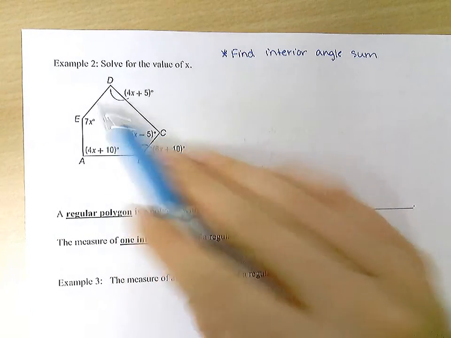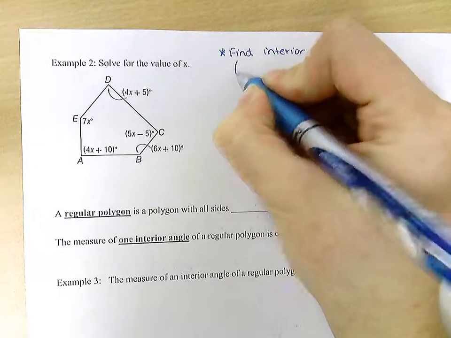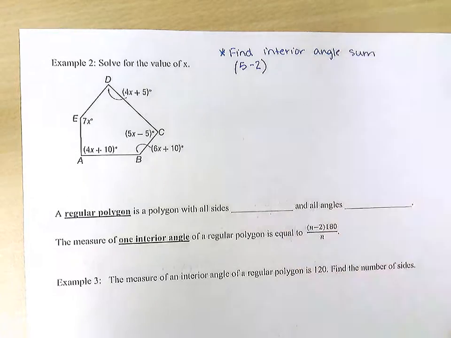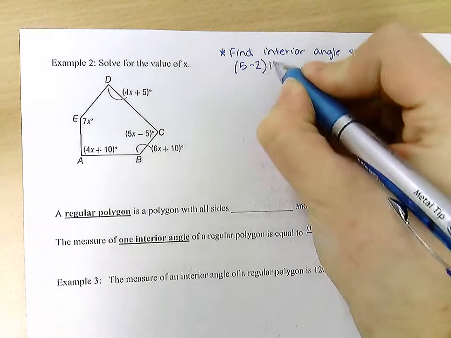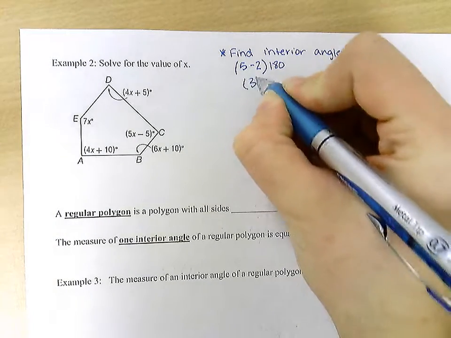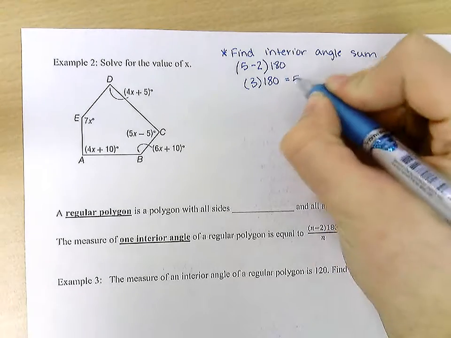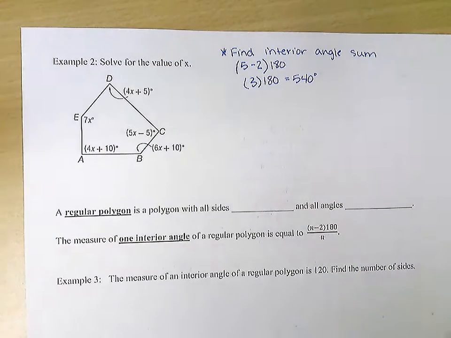So I need to know how many sides there are. So I have 1, 2, 3, 4, 5 sides. Okay, so I'm going to plug in 5 for n in the formula we just did. So I have 5 minus 2 times 180. So we have 3 times 180, which is 540 degrees.